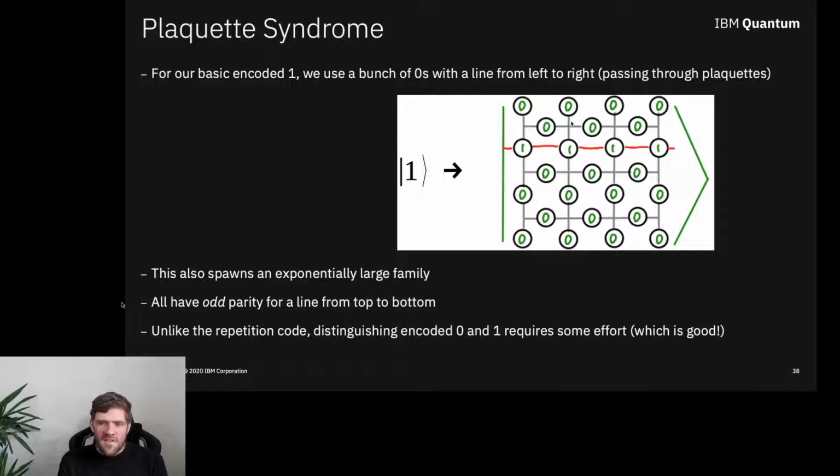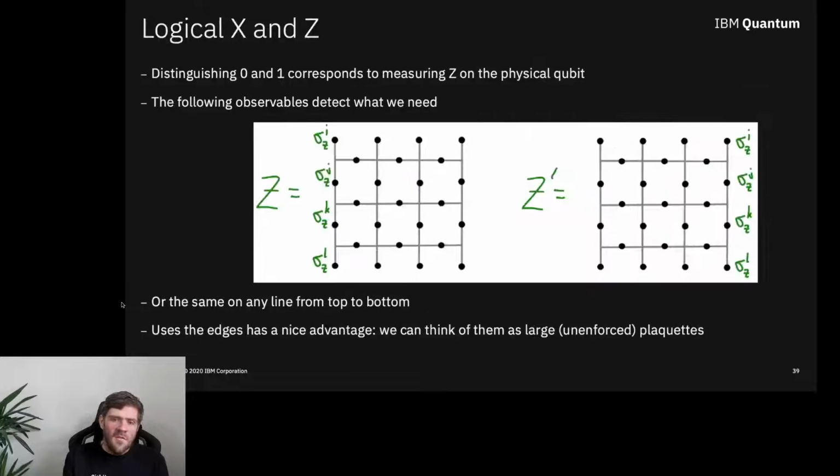But if we take any of these lines that pass through edges from top to bottom, then it will intersect that once and therefore have odd parity. So we can take this as the base of our family of states that correspond to logical 1s. We can also generate an exponentially large family by doing this thing of picking a vertex, flipping all of the bits around it.